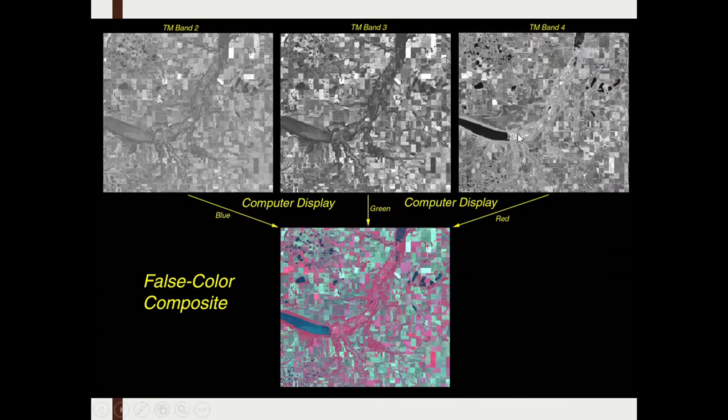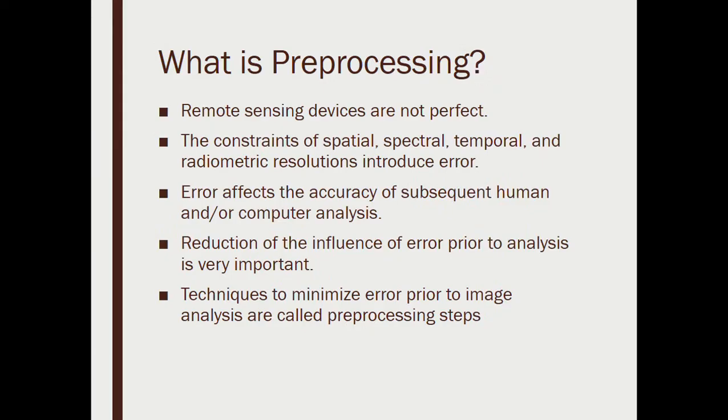However, if you put them in a different arrangement, with the near infrared band put into red, what we see is a false color composite, which highlights the infrared data that we captured. So you can see the difference from the previous one.